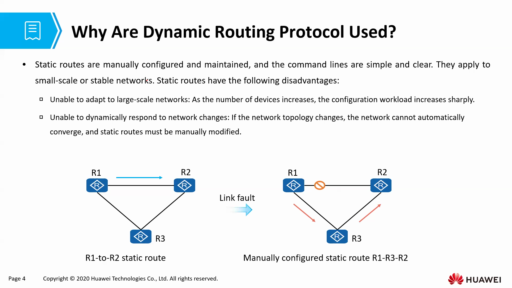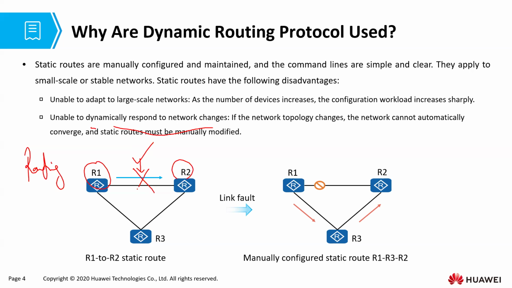In this case, we have static routes being unable to dynamically respond to network changes. So in the diagram, as an example, we can have a static route configured right here, where it says if I want to get to R2, how do I get there? That's a static route. But what happens if this link fails? From the perspective of R1, the routing table has one route only. Routing uses the information in the routing table.